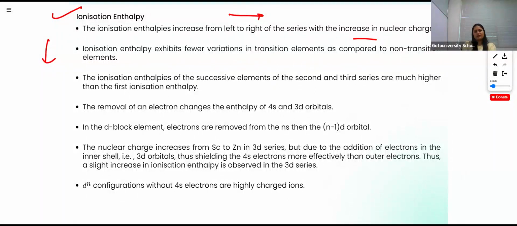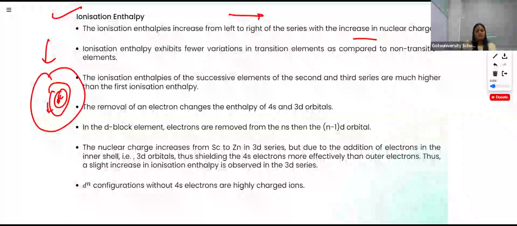Why? Because atomic size increases, and the nucleus, due to its higher atomic size, cannot hold the electron revolving around the orbital. So that is why the ionization enthalpy decreases while moving down the group.